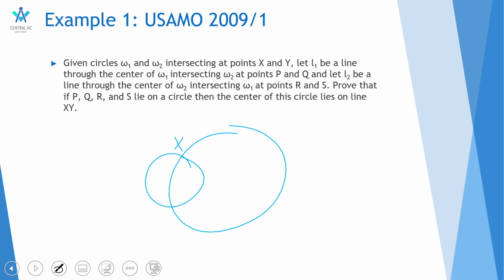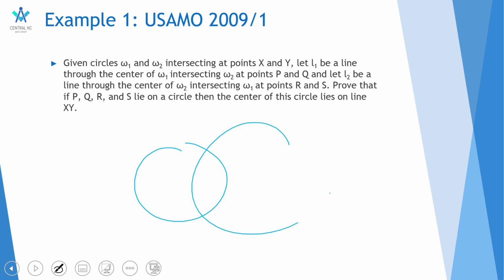I'm not used to drawing circles on here, I apologize. They intersect at points X and Y. I don't like this diagram because the center of this circle looks too much on the other circle, so let me draw a new diagram. We have points sticking out, but it doesn't matter, it'll do.